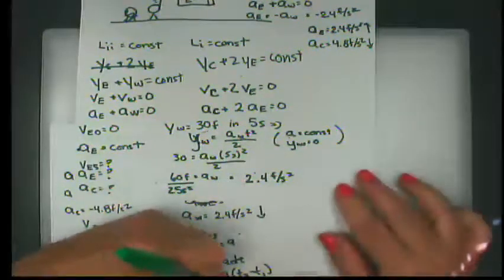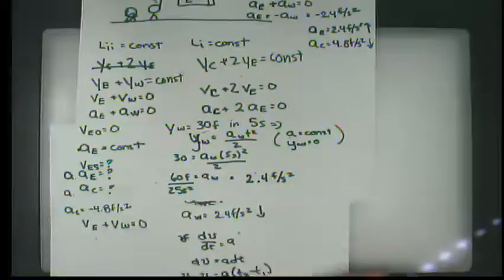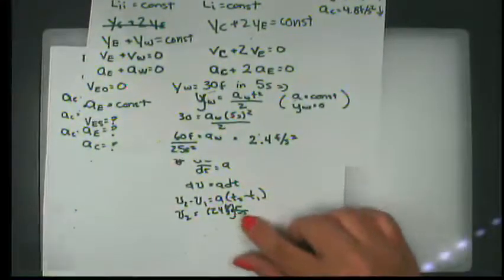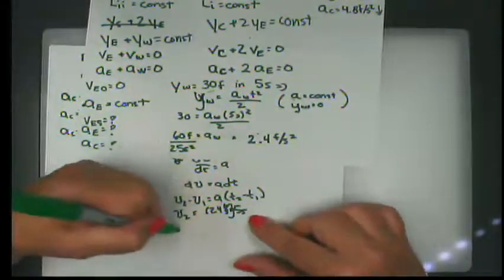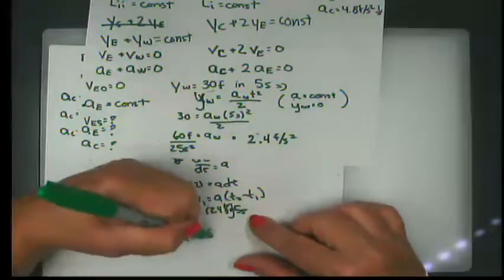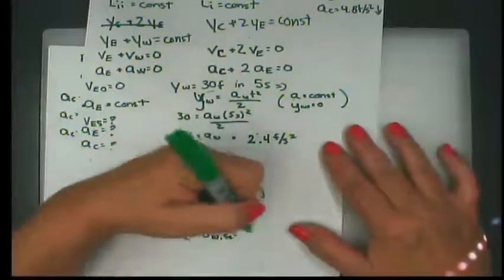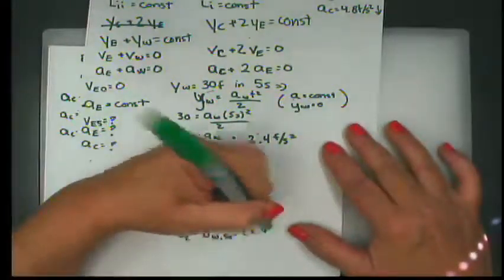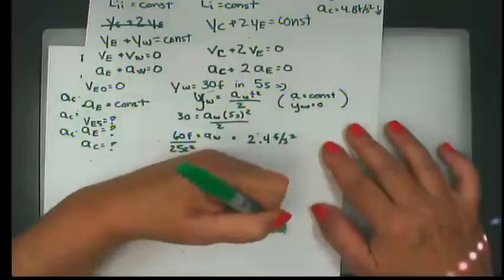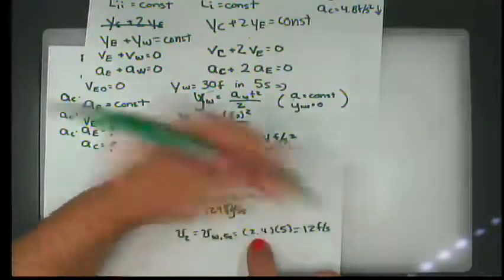We know that this is 2.4 feet per second squared. And we know that v1 is equal to 0 because we're told it starts at rest. Okay? So we basically get that the velocity v2, which is the velocity of the weight at 5 seconds, is equal to 2.4 feet per second squared times 5 seconds, which is 12 feet per second.